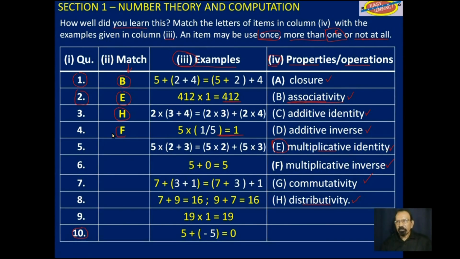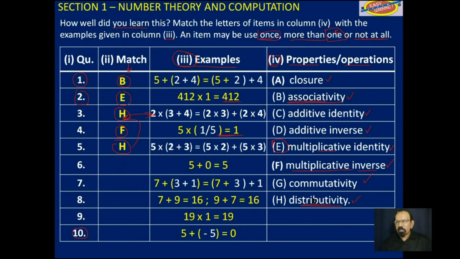It is F, multiplicative inverse. Question 5. 5 multiplied by 2 plus 3 is equal to 5 multiplied by 2 plus 5 multiplied by 3. This is one that we have used before. The answer is H, which is the same one as before, distributivity.